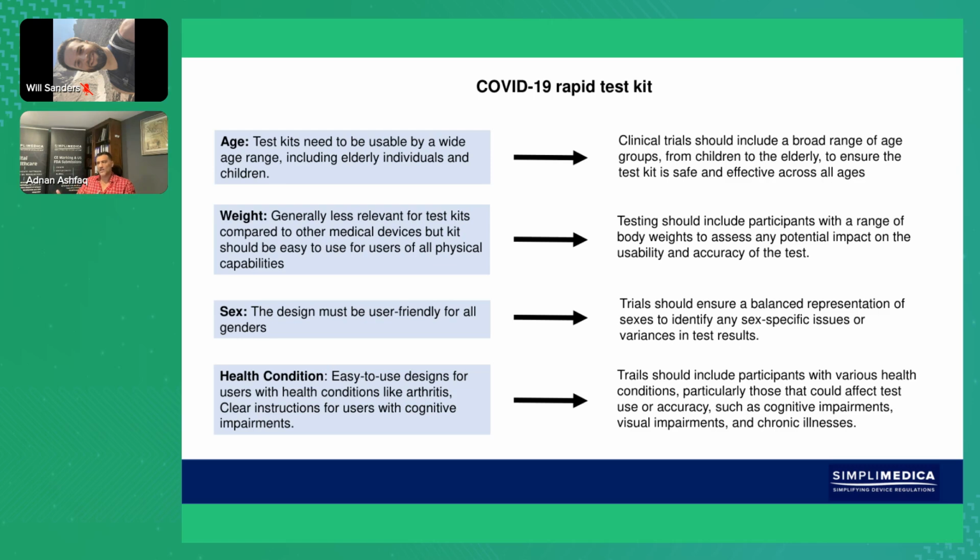But where would you then test that? Clinical trials. Testing should include a range of weights and different sex-specific issues or variances. Trials should also look at various health conditions, such as chronic illnesses. What is the device's claim?